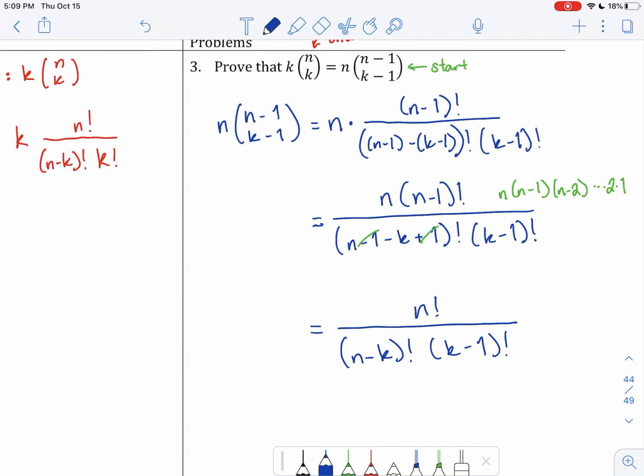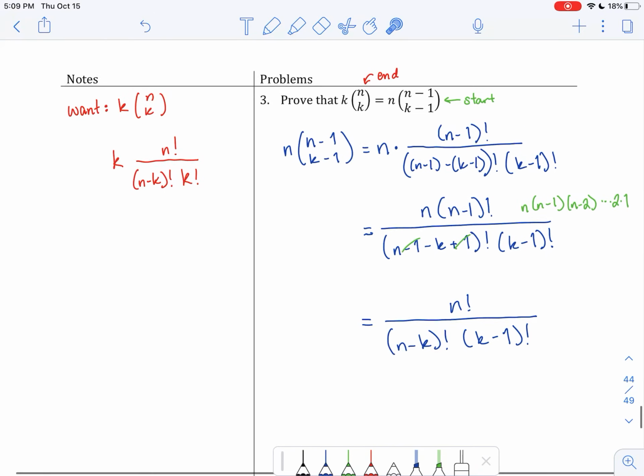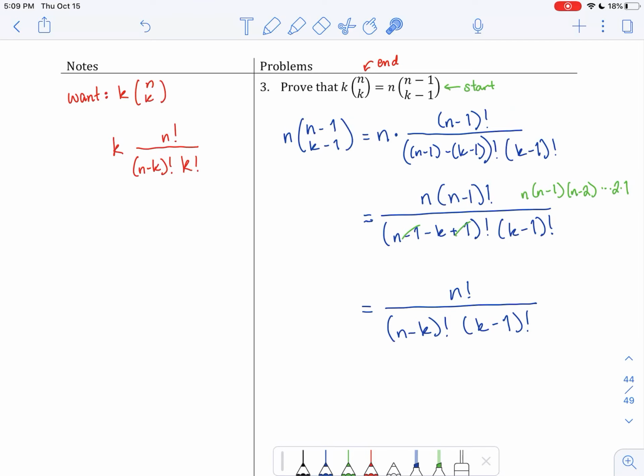Now this is where it's super helpful to have what you want already written out over here. I'm going to zoom out a little bit to give myself more space. I know what I want, and I have a lot of the parts already, right? I have my n factorial, I have my n minus k factorial, I want this to be k factorial.